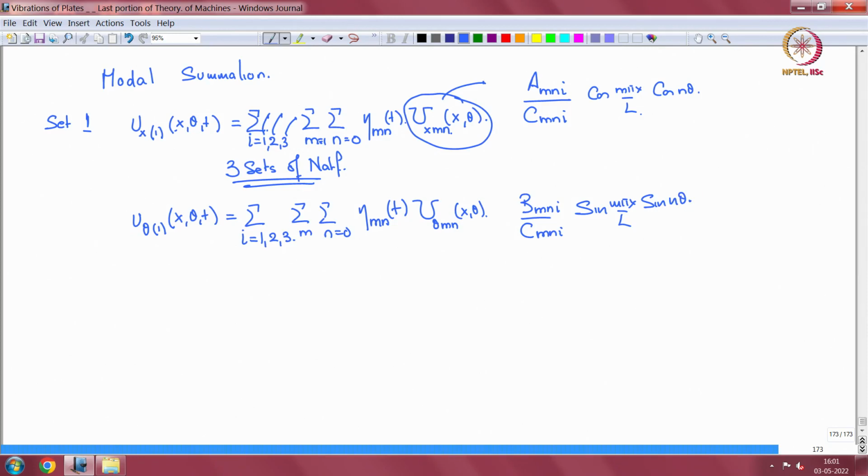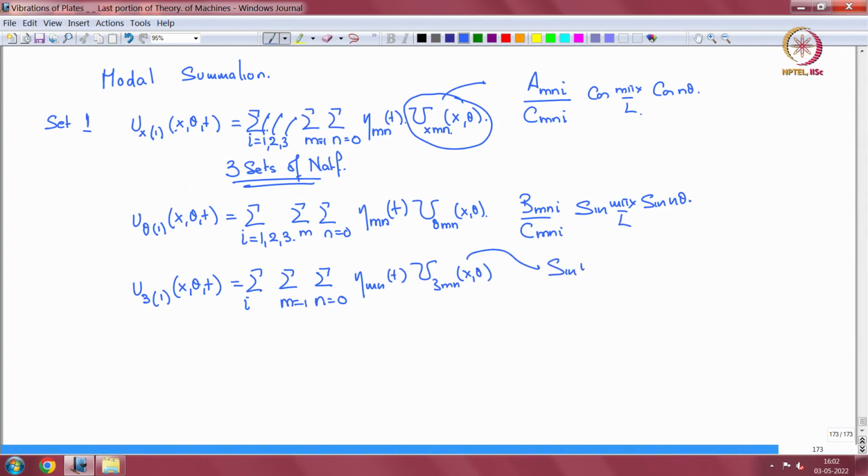Then lastly u_3 first set, x, theta, t, summation over I, summation over m from 1, summation over n from 0, eta_mn of t, u_3mn of x, theta, where u_3mn is sin m pi x by L cos n theta.